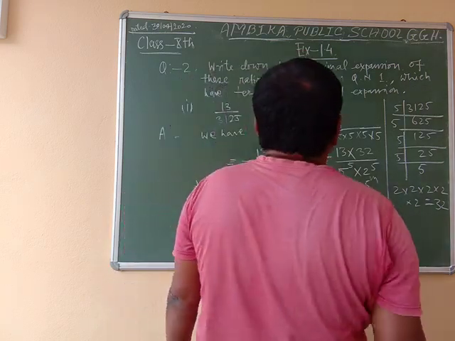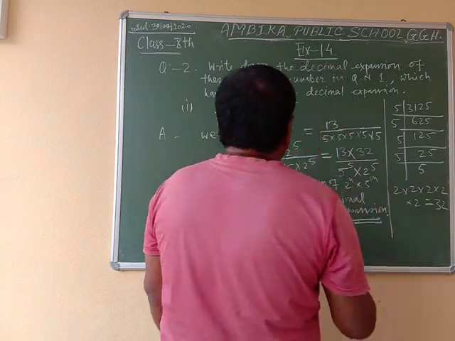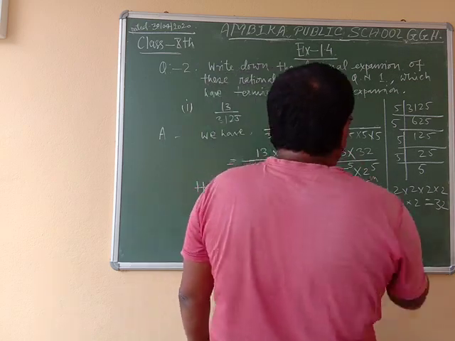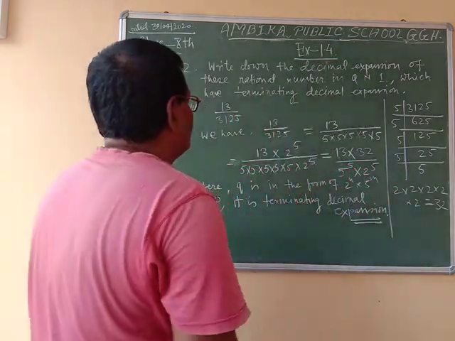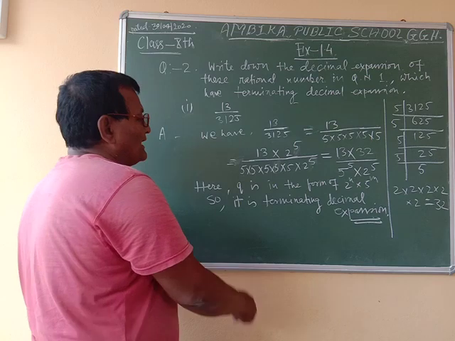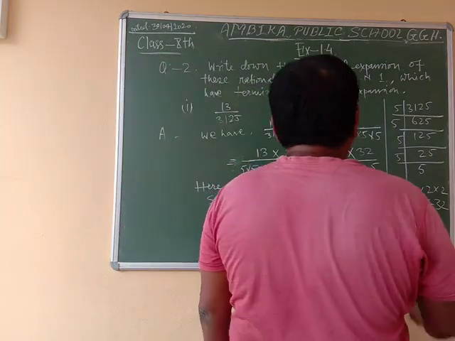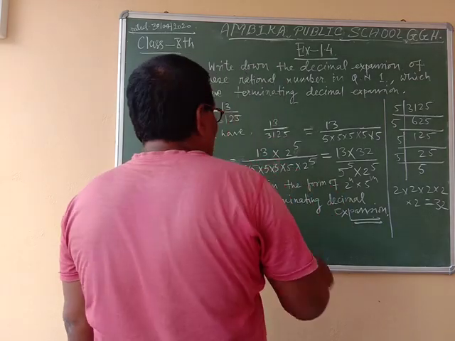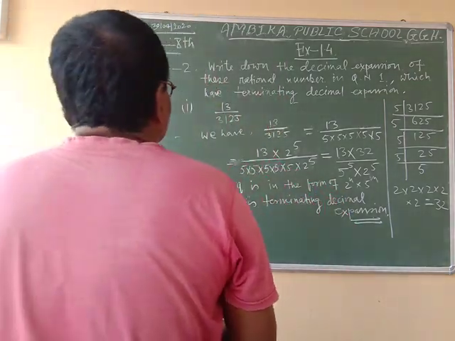We get 13 into 32 by 5 to the power 5 into 2 to the power 5. Here Q means the denominator is in the form of 2 to the power n into 5 to the power m. So it is a terminating decimal expansion.